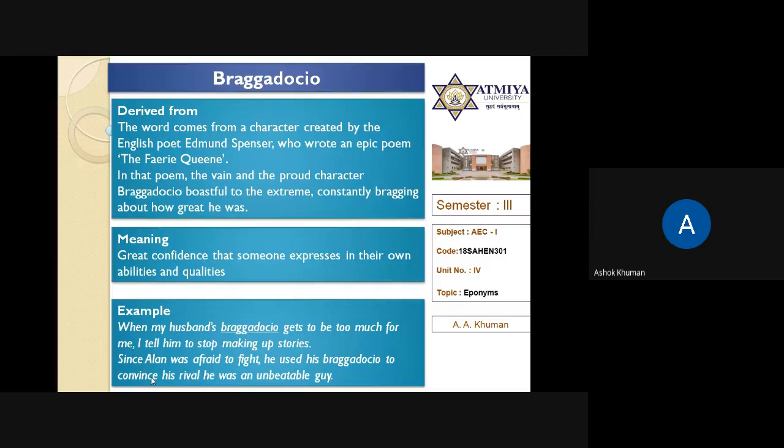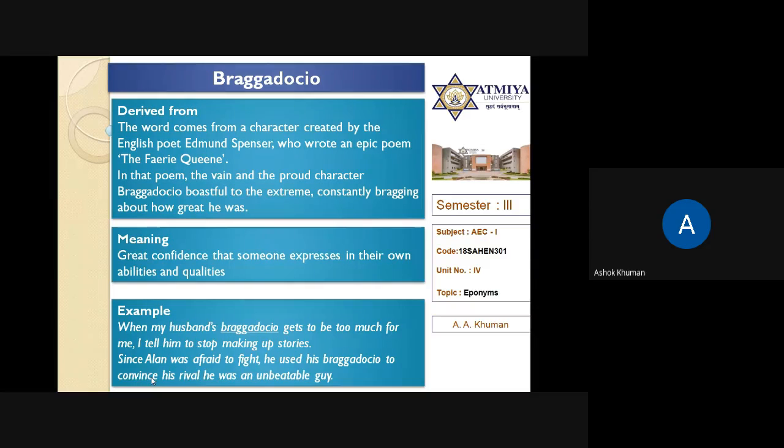Boasting means you speak about your talent, your skill, your achievement, and you tell people constantly how important you are, how great you are, how brave you are, how intelligent you are. Self-praise. You praise yourself. Show people that you are very great. So that is braggadocio nature.